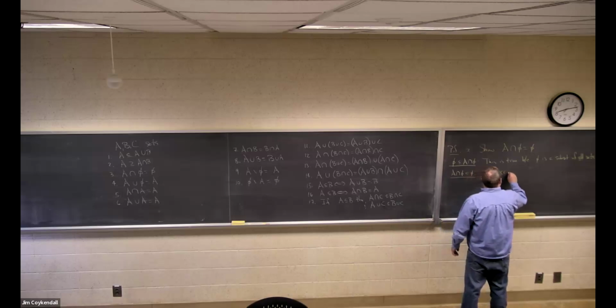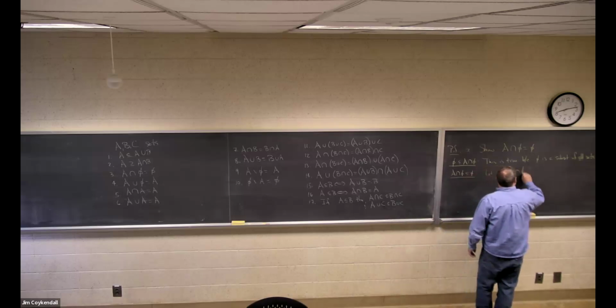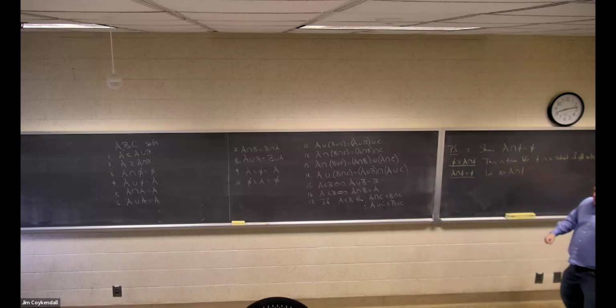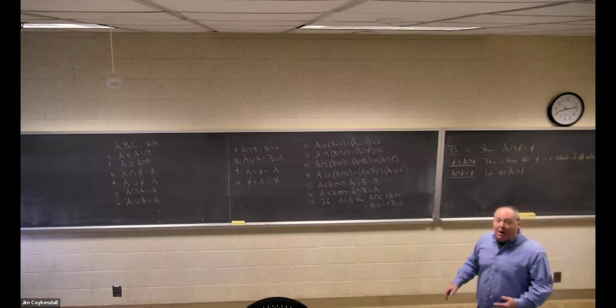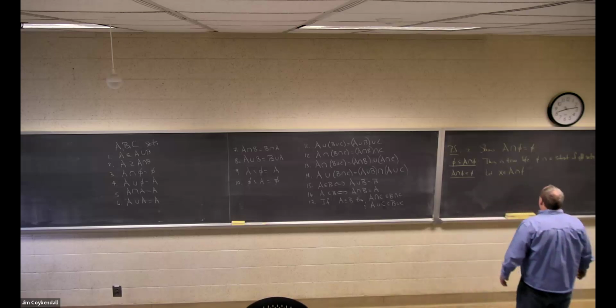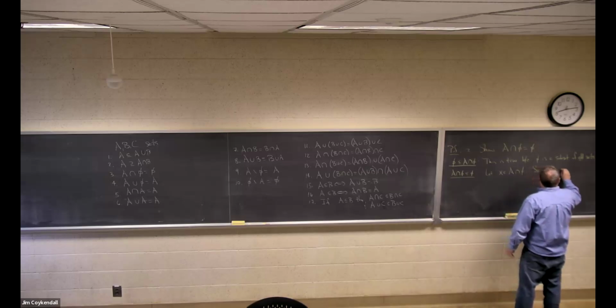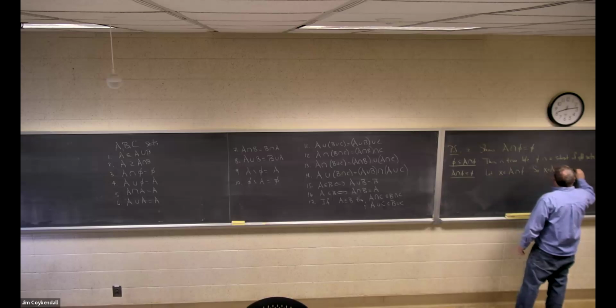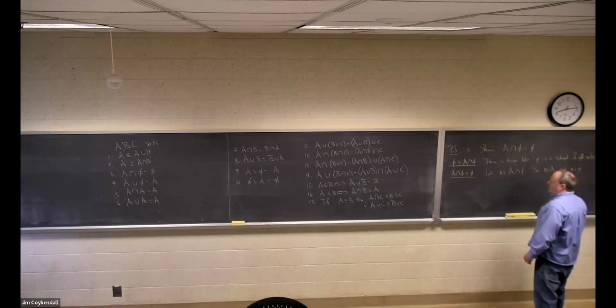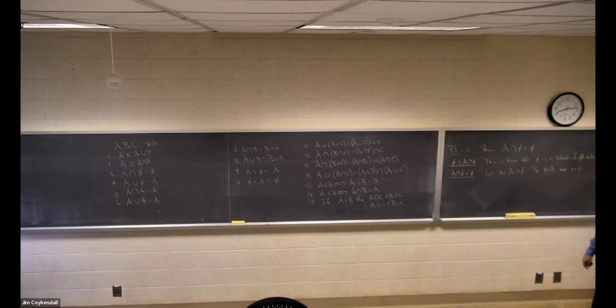Let X be in A intersect the empty set. What does it mean to live in the intersection of any two sets? It has to live in both of them. So X is in A and X is in the empty set. How many elements live in the empty set?